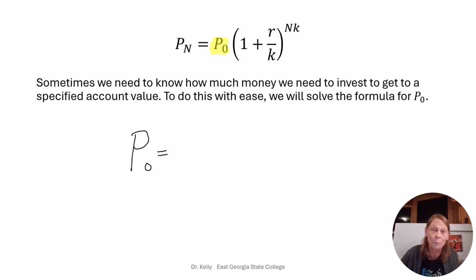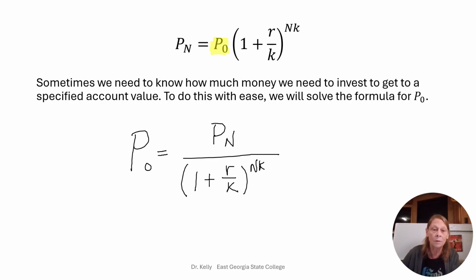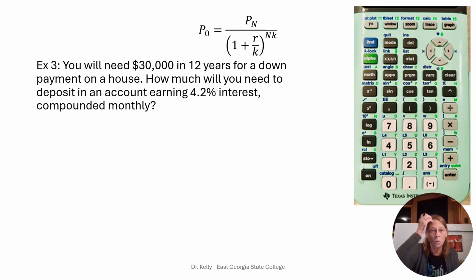We want to keep this P naught, we want to get everything else away. So here is the formula. It's looking ugly, I know. Don't freak out yet. It's not that bad. Okay? All right. So let's keep on going here.